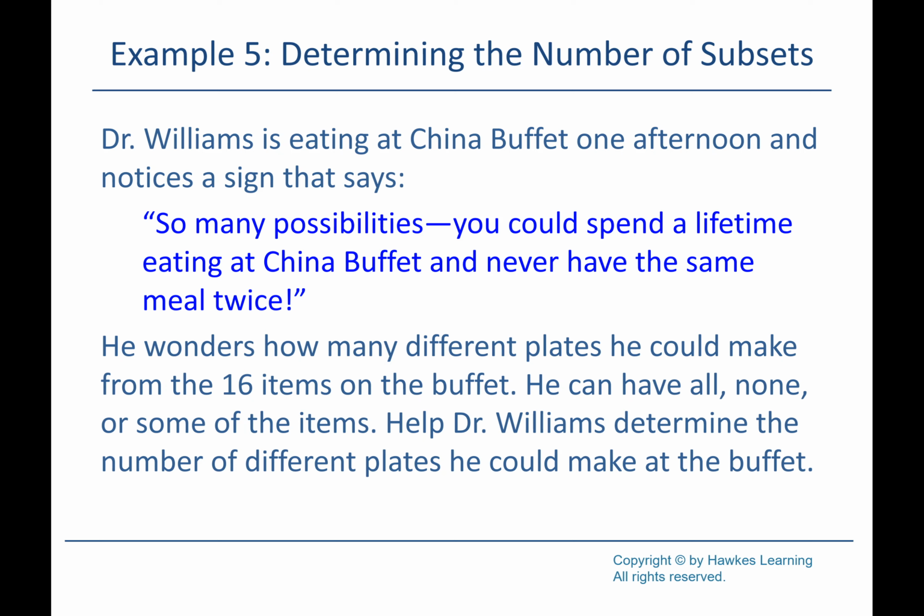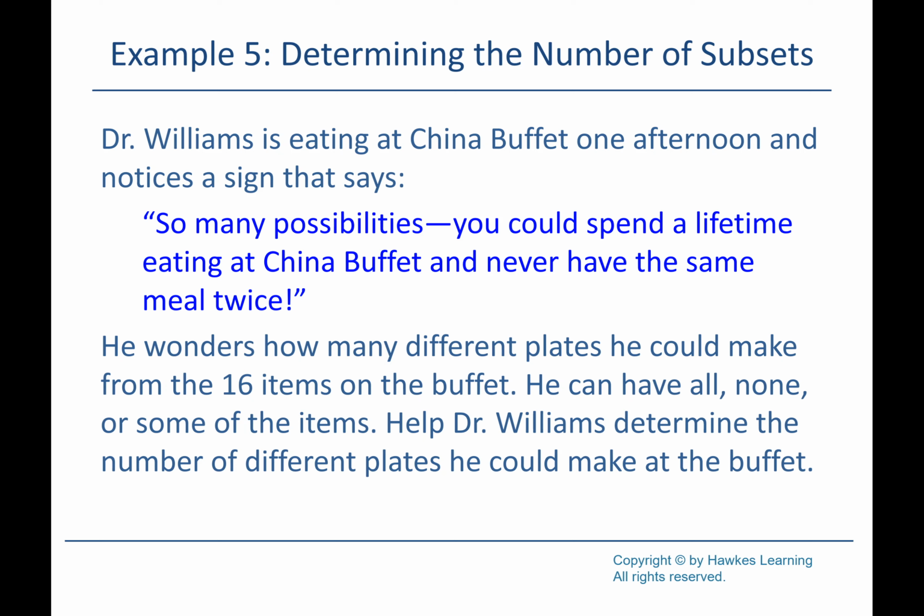So what we're doing is we're making subsets. We have this set that has 16 items, the buffet. We want to know how many subsets we could make. Here we're not worried about proper subsets because it says he could have all of the items on the buffet. So that would not be a proper subset, but we'll count that 1.